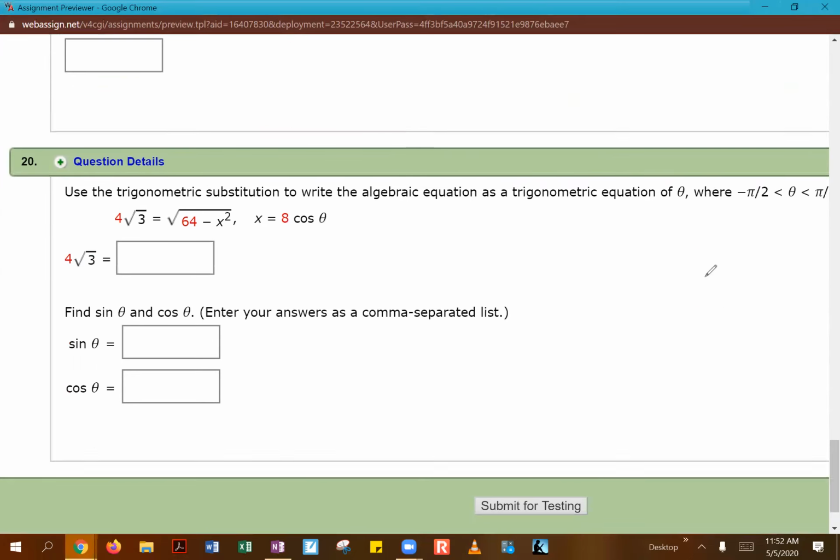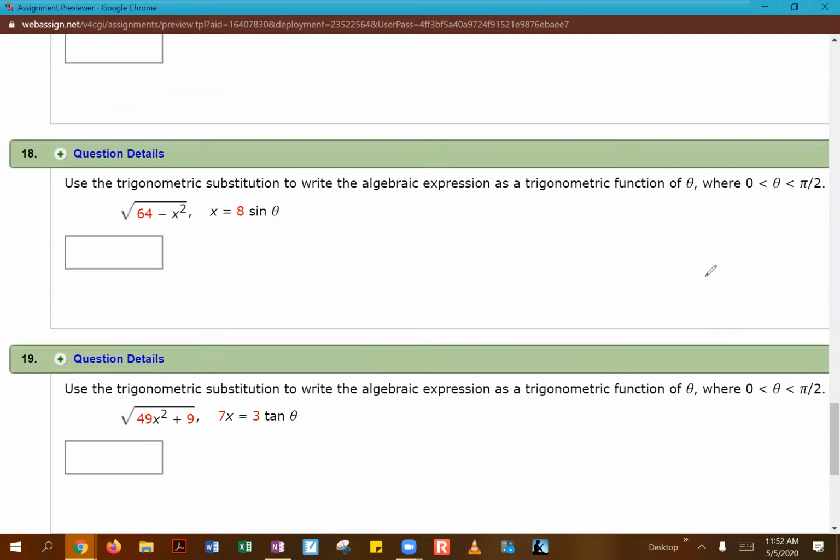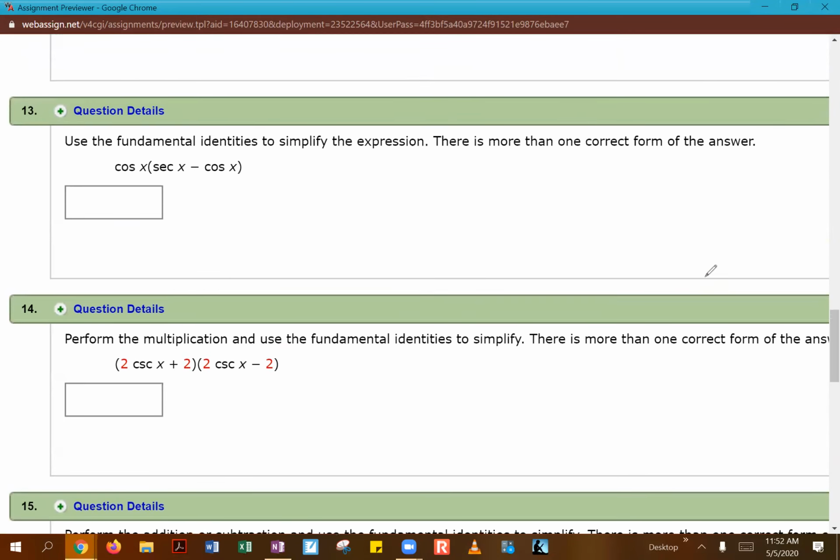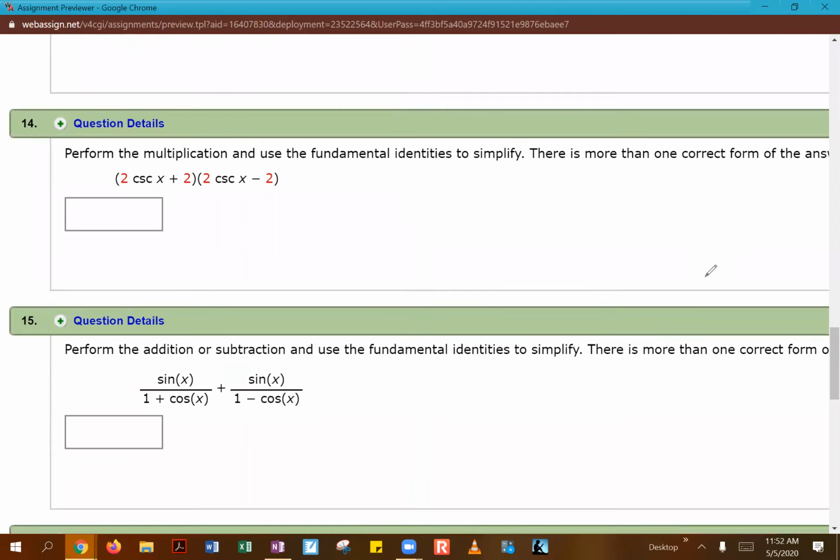And I think these are just variations on that problem. Are you guys okay with something like number 14 here? Let's go over it.